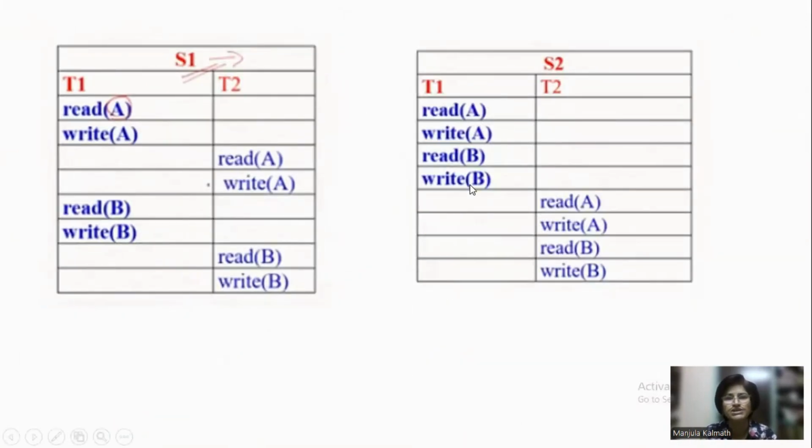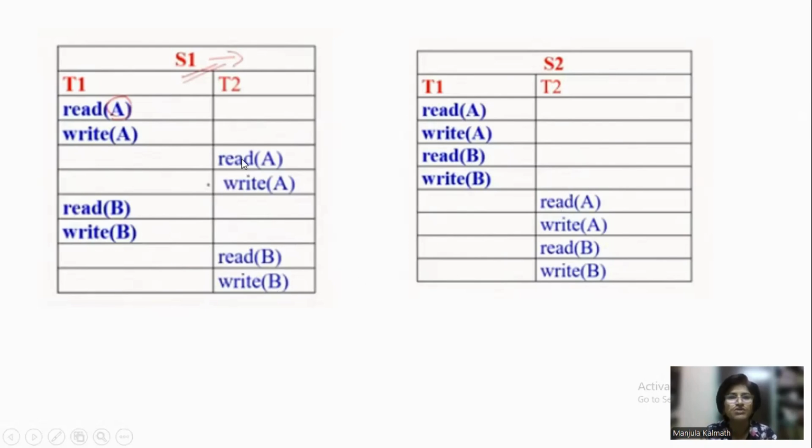These two schedules we are saying are view serializable. When we say view serializable, the first read operation, where it is taken in S1, is in the T1 transaction. Like that, in S2 also it is required in T1. The first read operation is in T1 only. Then next we have the update read. Update read means that after one of the transactions writes, it is read, and that is called an update read. Now the update read is taken in transaction T2, and it is the same in both.